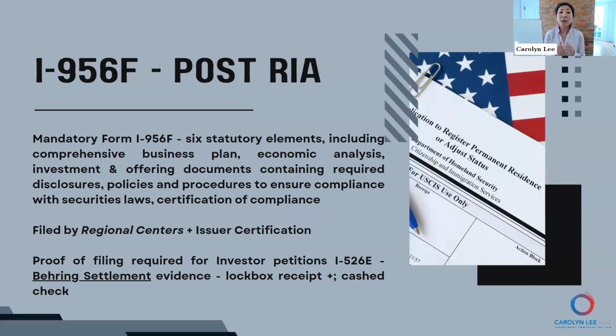Even if the formal receipt is delayed, the 526E investor filings can be filed with proof of the 956F filing in the form of a lockbox receipt that is issued in advance of a formal receipt, or proof of filing by cashed check that is associated with the 956F filing.